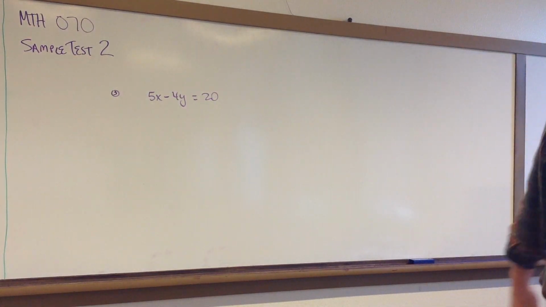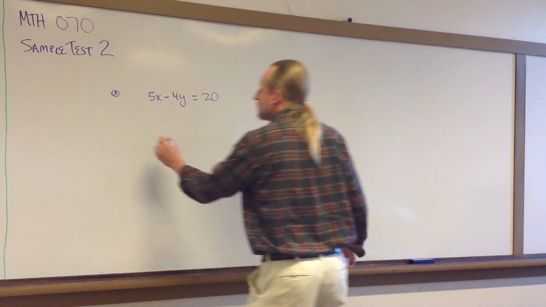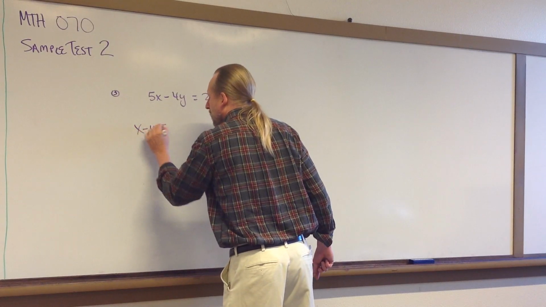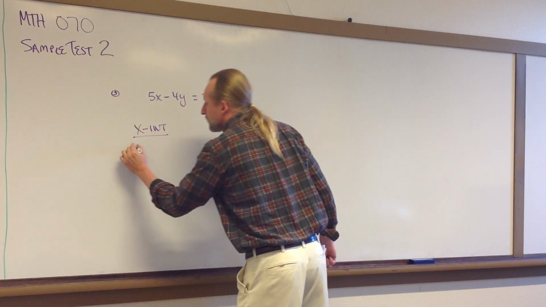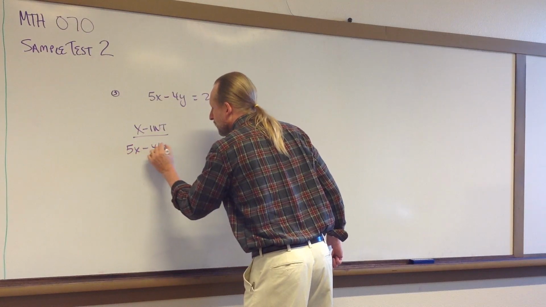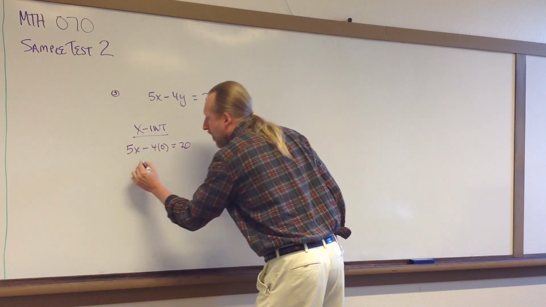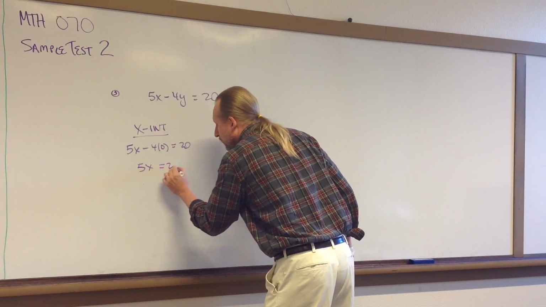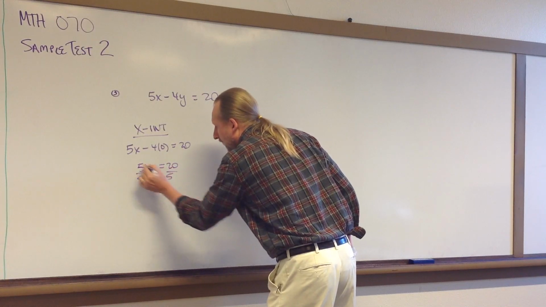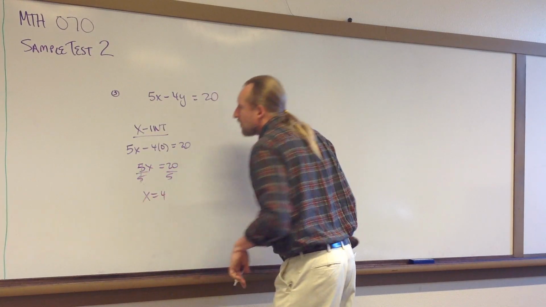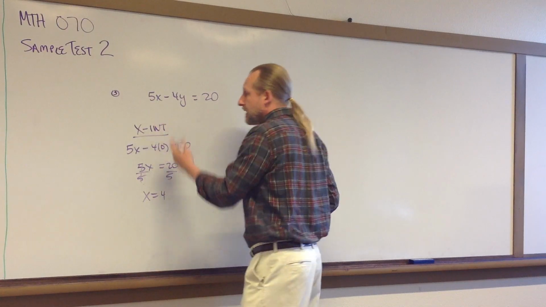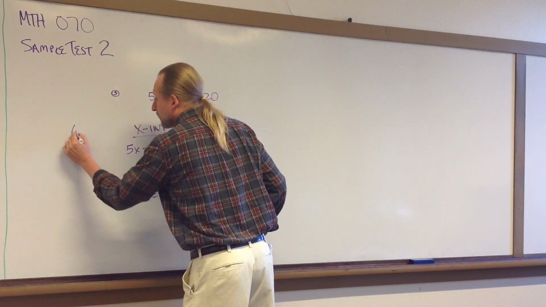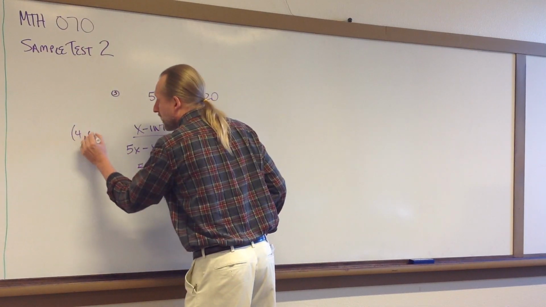So the x-intercept, that's the point where the y is 0. So we just put in 0 for y. That gives us 5x equals 20, and x equals 4. So the point that we're interested in for the x-intercept is where x is 4 and y is 0.